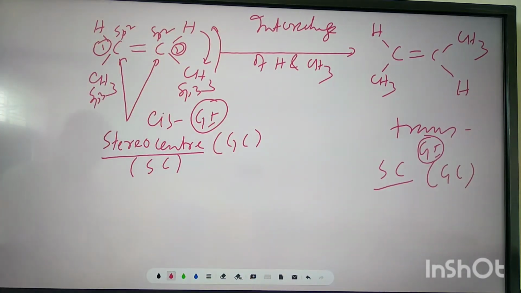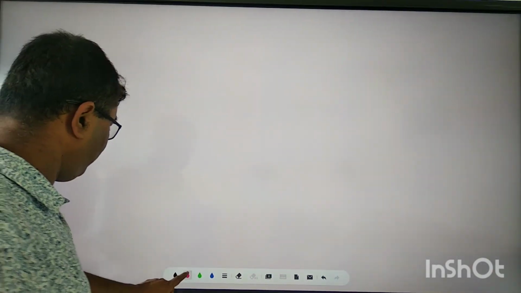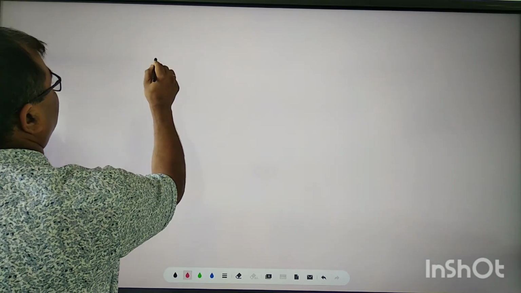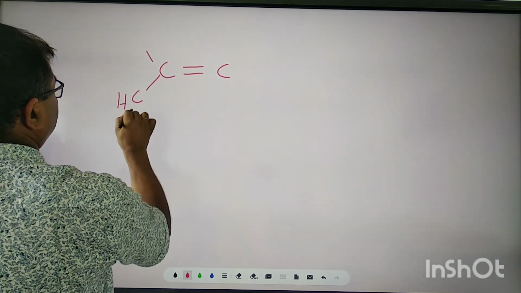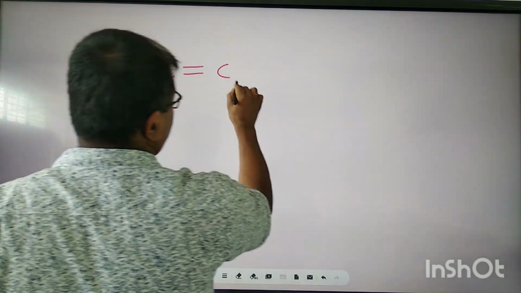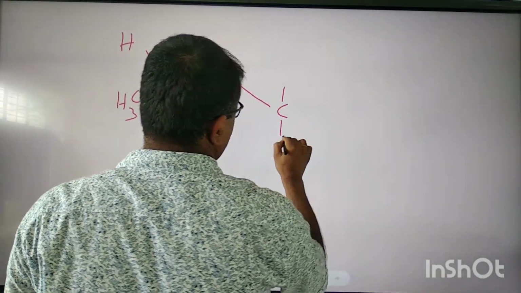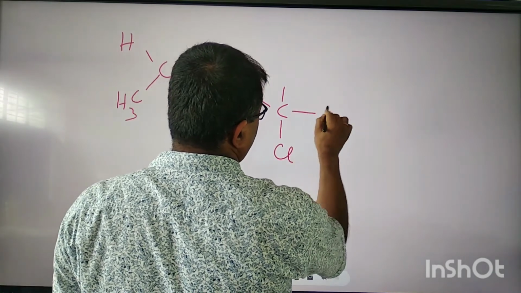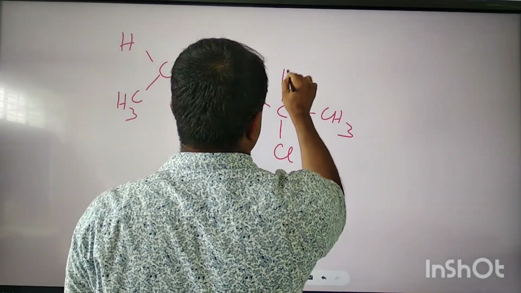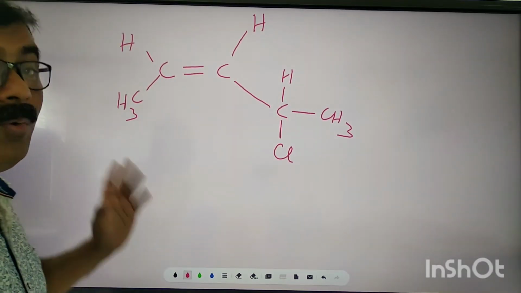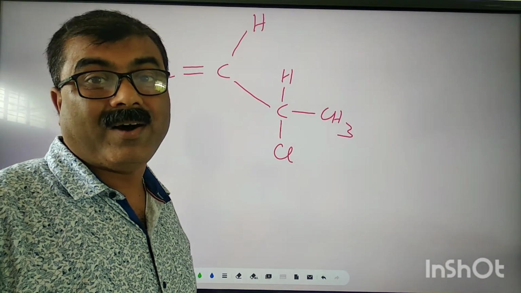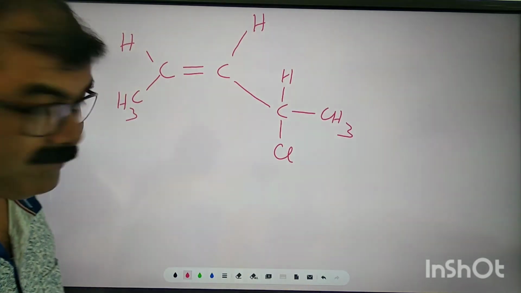Clear? Okay. So my dear students, let me give you one more example. Say, for example, hydrogen, chlorine, methyl, hydrogen, hydrogen. Now here, how many chiral centers are there and how many stereo centers are there?